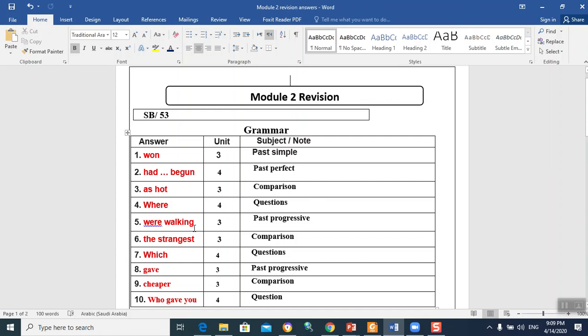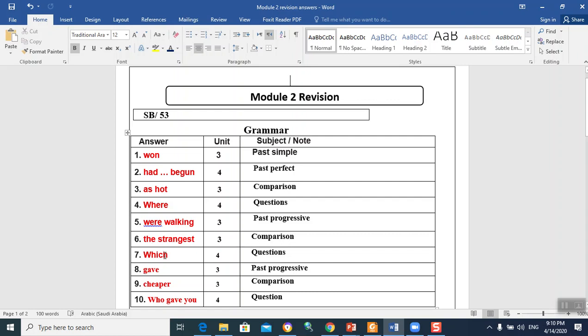Number 5, we're walking. Unit 3 also, past progressive. Past progressive, we form past progressive by using was or were, plus verb ing. That is the past progressive with certain words to use in. Number 6, the strangest. The answer was, and it is unit 3, the strangest, it is a comparison.